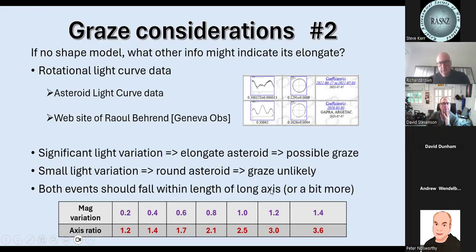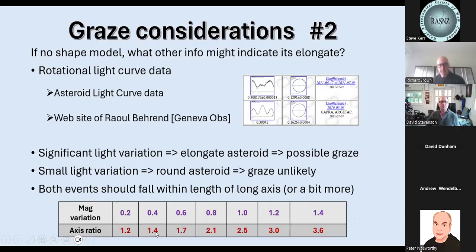So if you don't have a shape model, then is it possibly a graze or not? You need to look at the asteroid rotation light curves, see if there's anything there that can assist with the guidance. And both events should fall within the length of the long axis. Here's the magnitude variation of the light curve and the axis ratio, like the minor axis to major axis ratio of the asteroid.